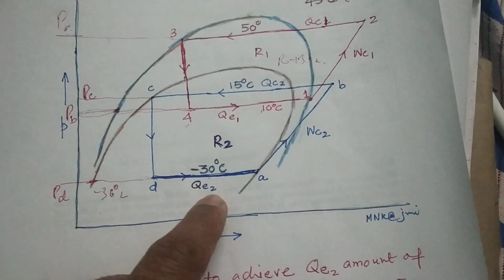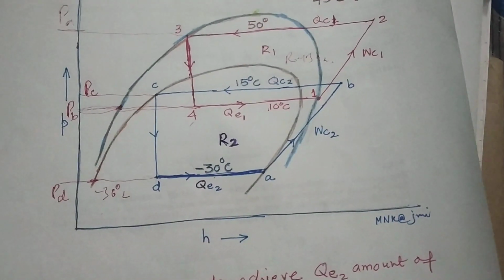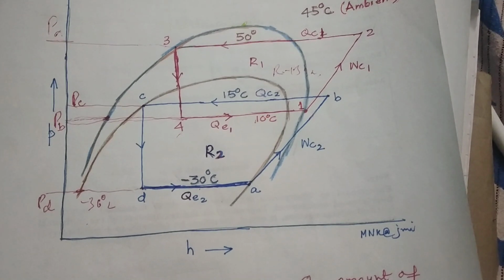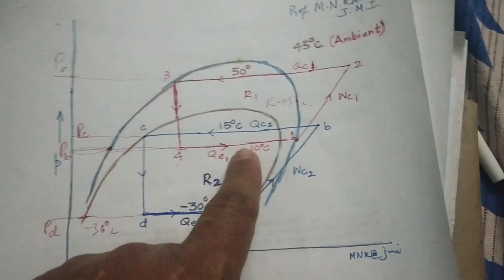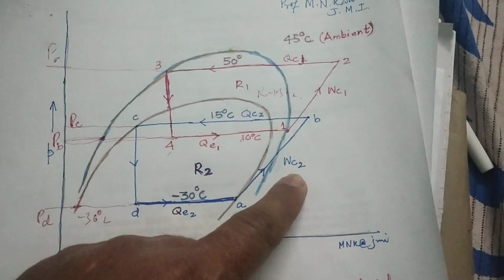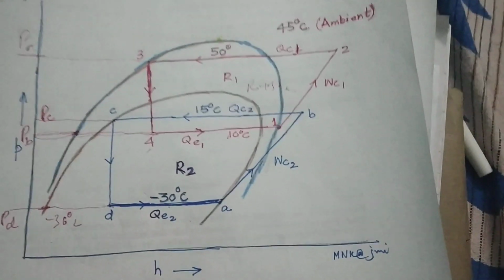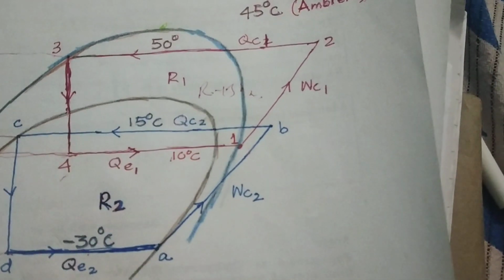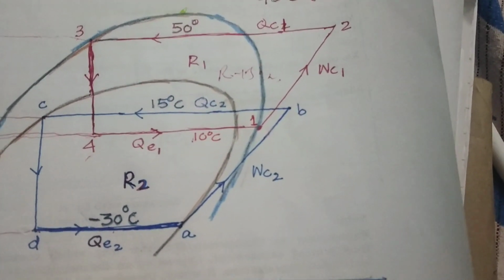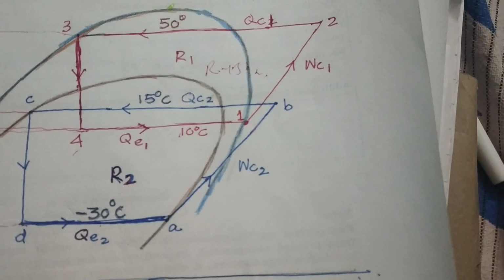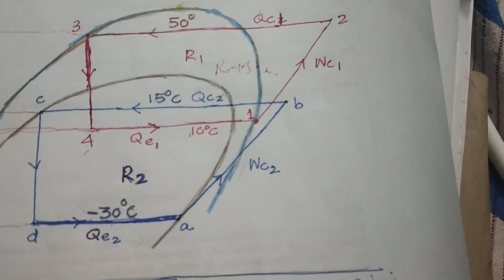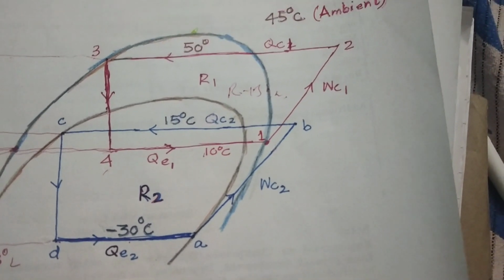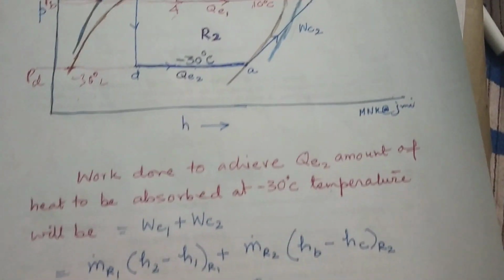Actually the target is QE2, and in order to achieve that, we have to transfer QE1, which is done automatically. But what we have to spend in terms of money and energy is WC2 and WC1. We cannot go ahead with only WC1 or only WC2. We have to go with two compressors in order to transfer heat from minus 30 degrees centigrade to 45 degrees centigrade ambient conditions.